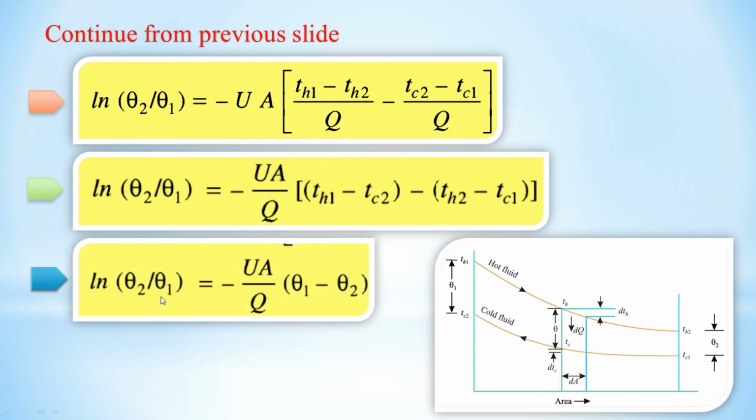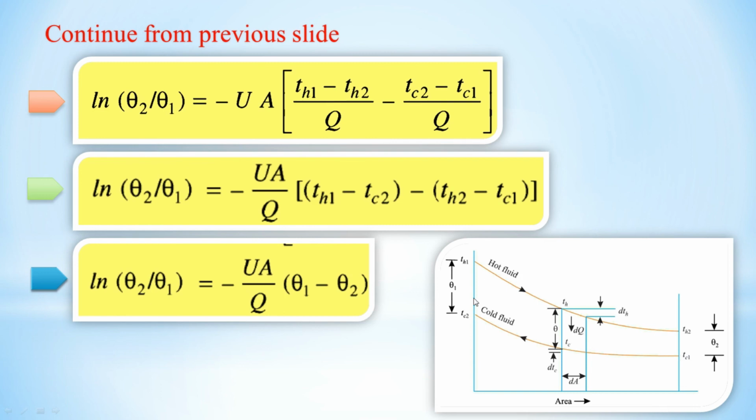So ln theta 2 by theta 1 equal to minus UA by Q, multiplied by the bracket. We know that theta 1 equal to Th1 minus Tc2, it is the temperature difference of hot fluid and cold fluid. Okay, this is the inlet of hot fluid and this is the outlet of cold fluid, it is equal to theta 1, and theta 2 equal to this is the outlet of hot fluid and this is the inlet of cold fluid, okay, Th2 minus Tc1.